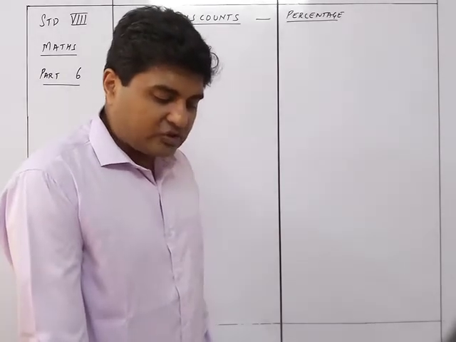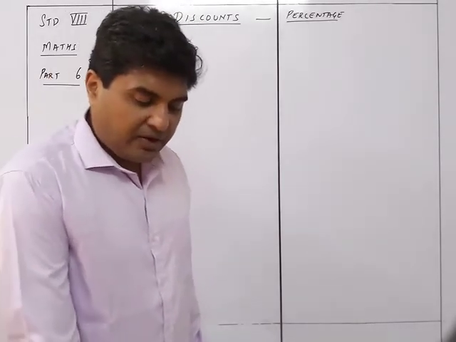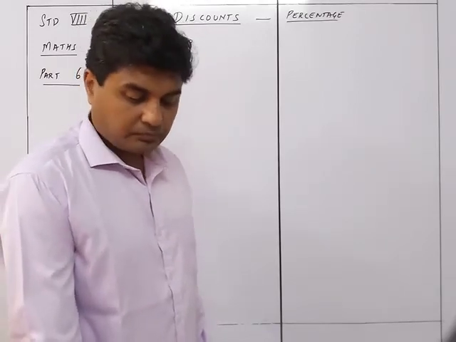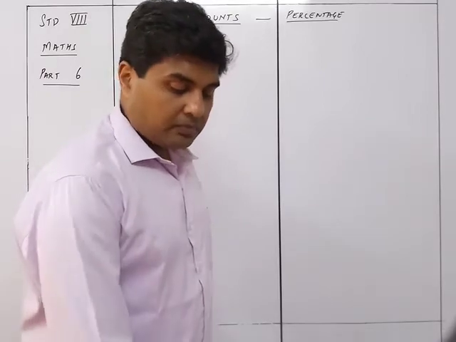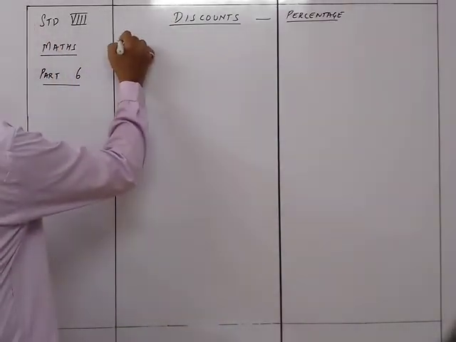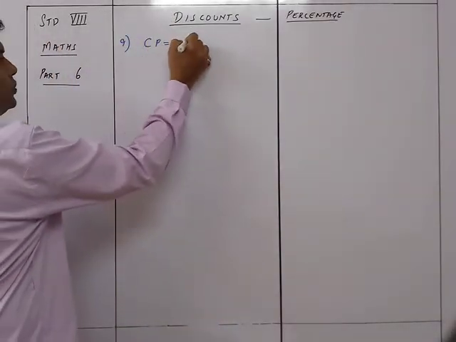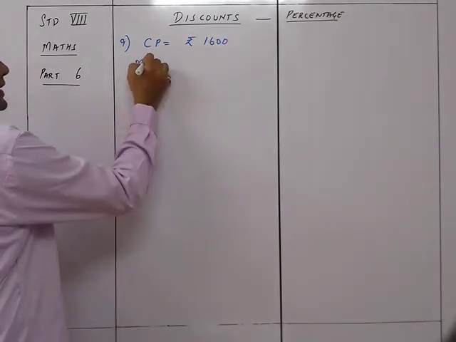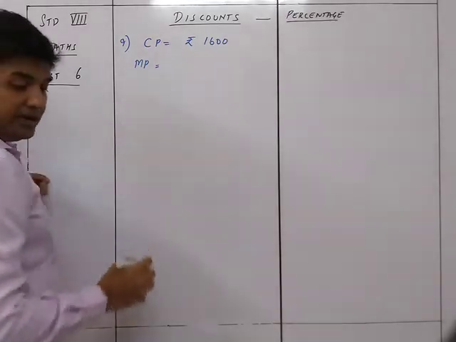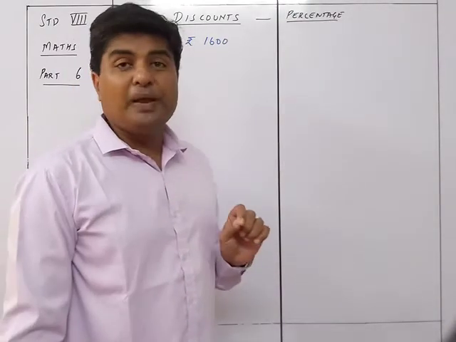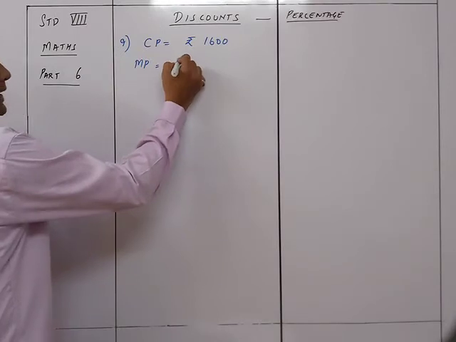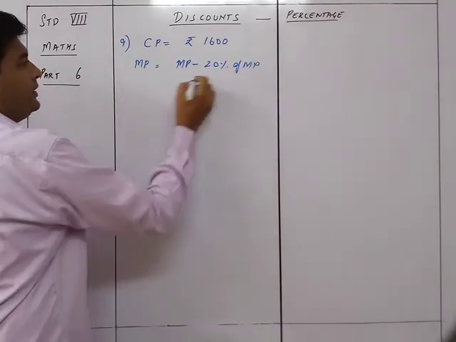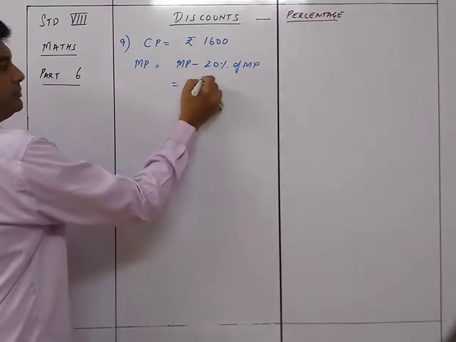If the article is sold at a discount of 16%, find the mark price, selling price and profit percentage. Okay, so it is given over here that CP is equal to rupees 1600, which is 20% below the mark price. That means MP minus 20% of MP is equal to CP.